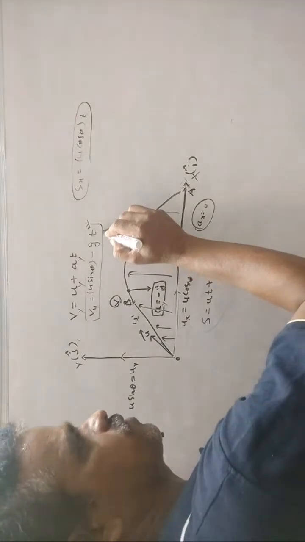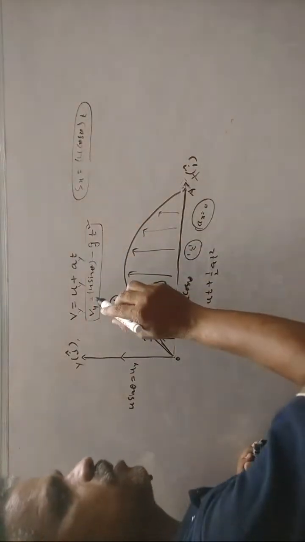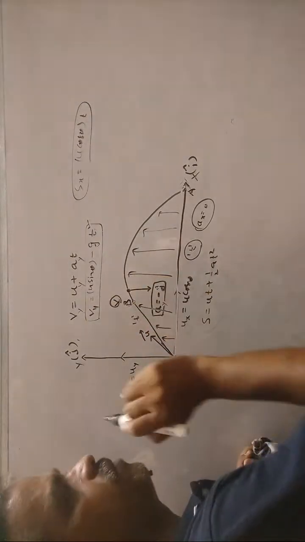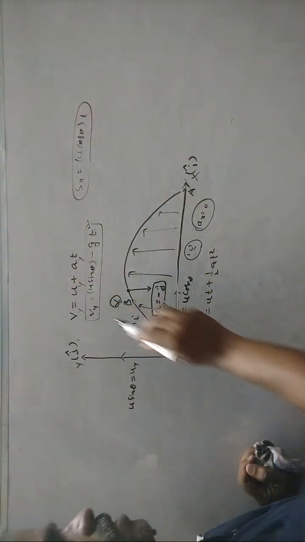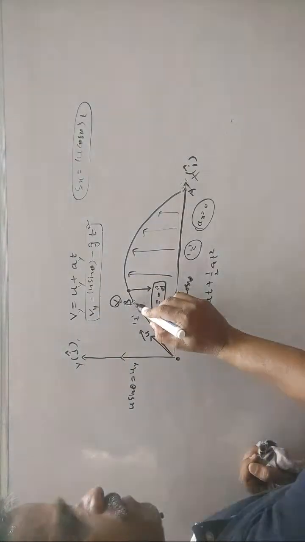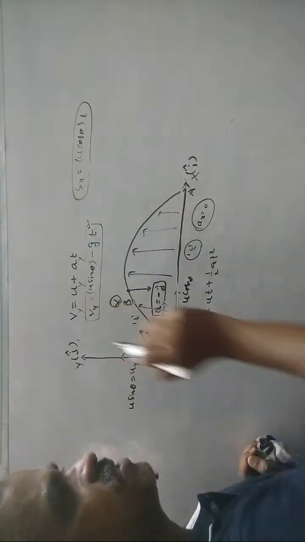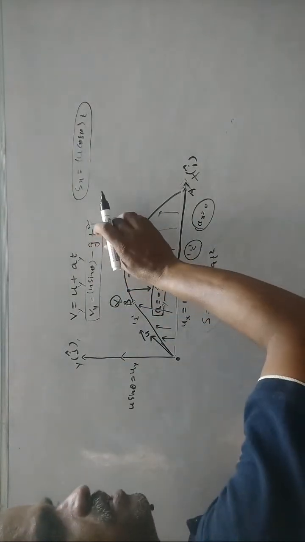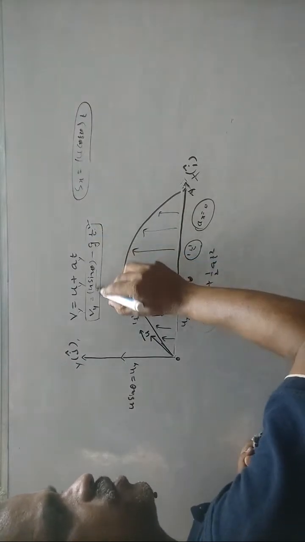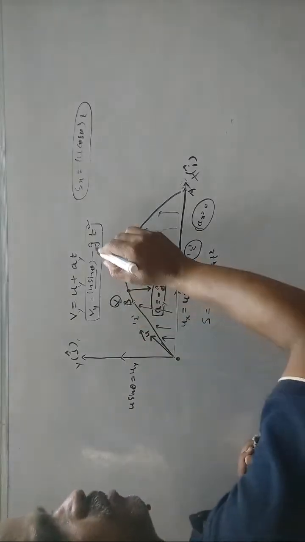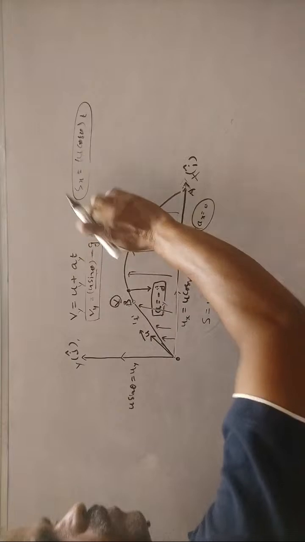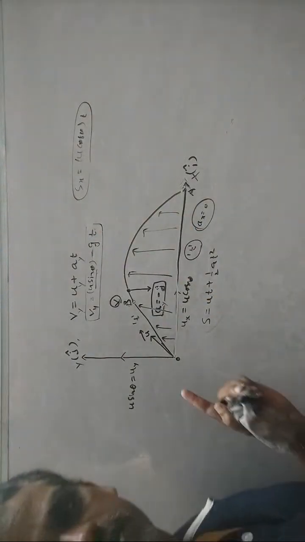That means the velocity is decreasing. Initially it has the u sin theta component, but after that it decreases, because the negative term minus gt is coming. You have to write this one also.